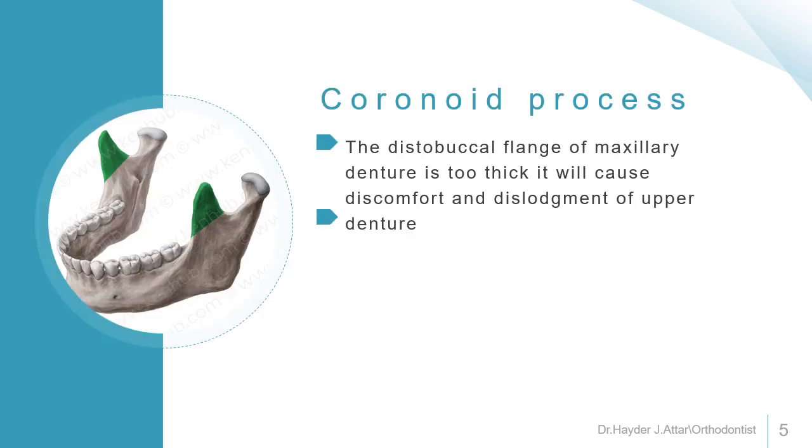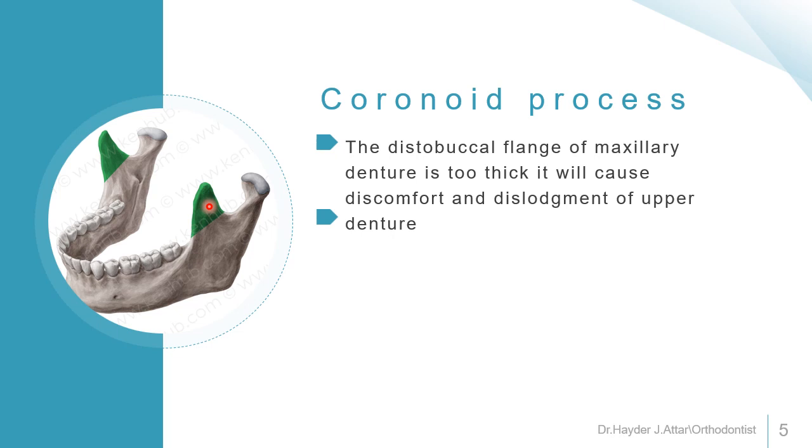The coronoid process represents the anterior extension upward of the mandible, and it's important in determining the distal extension of the mandibular denture. During the function of the mandible, the coronoid process may interfere with the disto-buccal flange of the maxillary denture.